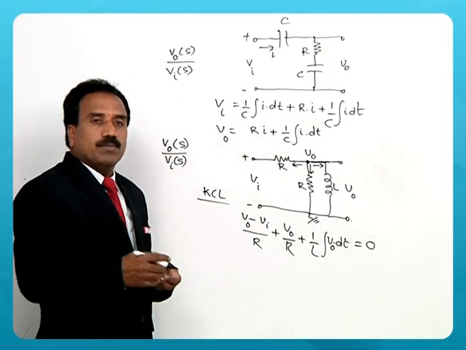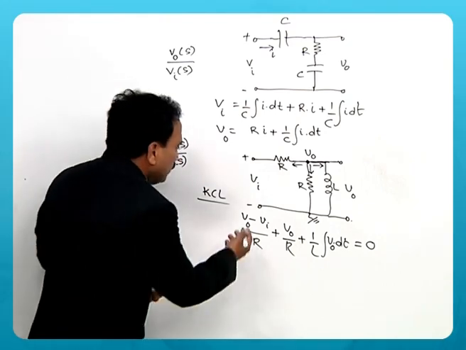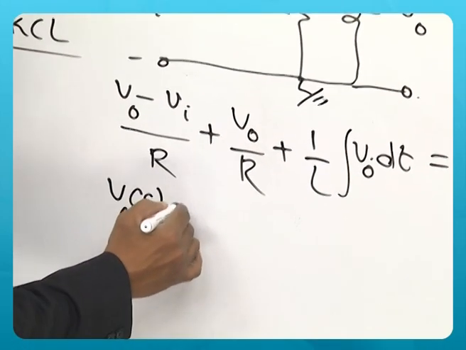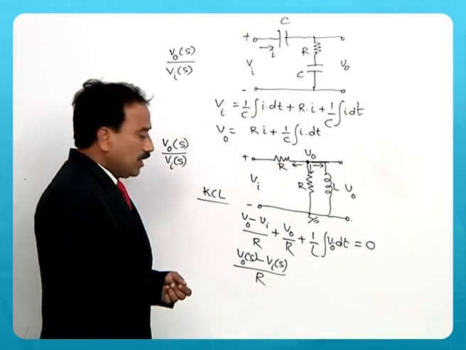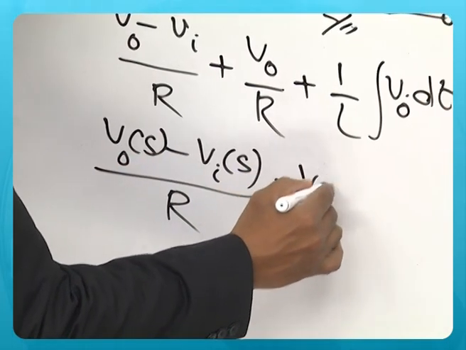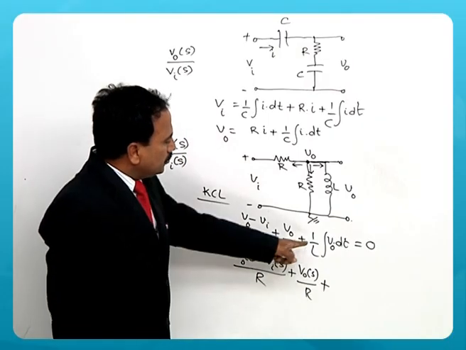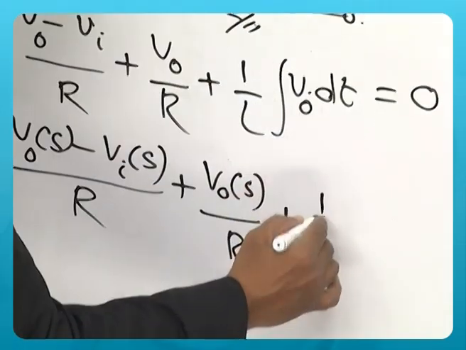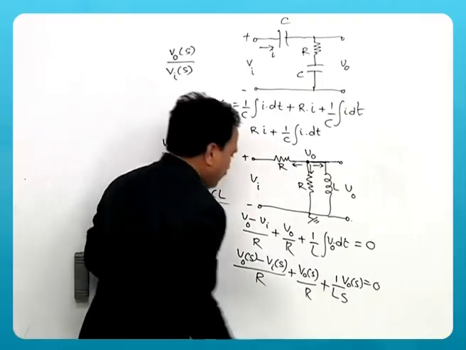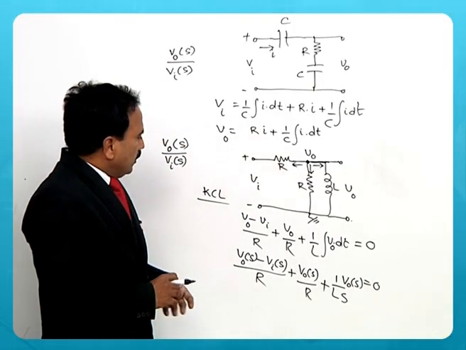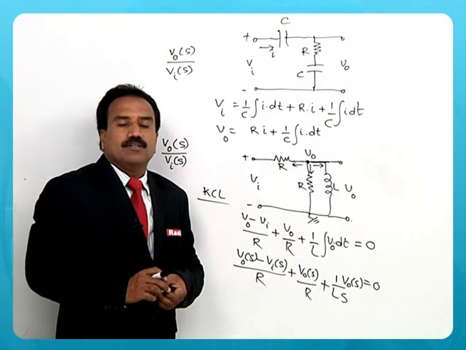Now you need to apply the Laplace transform. So, as I mentioned, it is V0 of s minus Vi of s by R, no change for the Laplace, plus V0 of s by R, plus, as this is an integration, 1 by Ls times V0 of s, equal to 0. You can see there are two variables here, V0 of s and Vi of s.